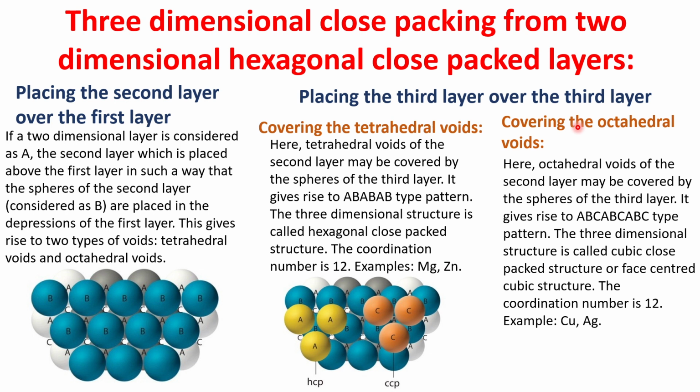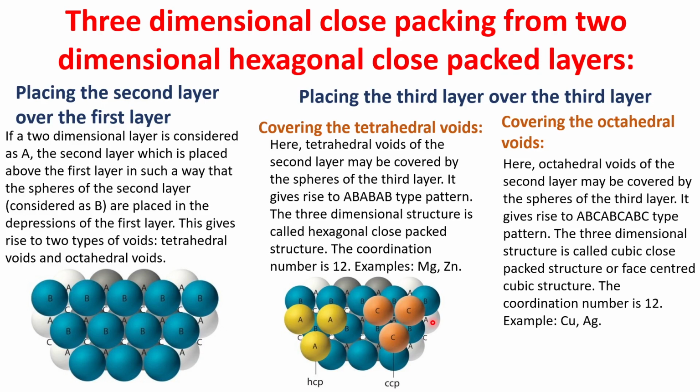And if the third layer is covering the octahedral void, that means, I told you, if three molecules are arranged and A, you can see these three molecules, one this A, second this A, and third this A. The three molecules are present in the first layer, and in the second layer, the molecules are not present exactly in the depression of the first layer, and there will be a void generated over here.